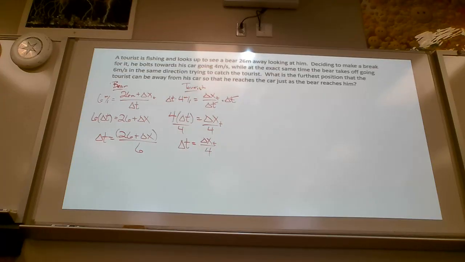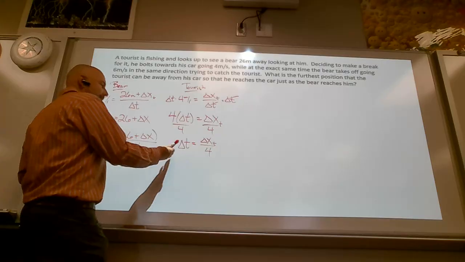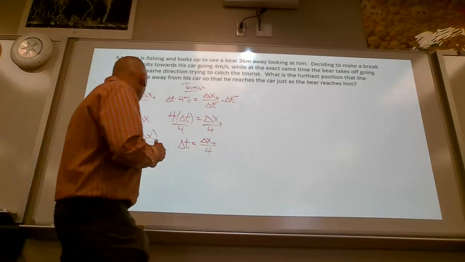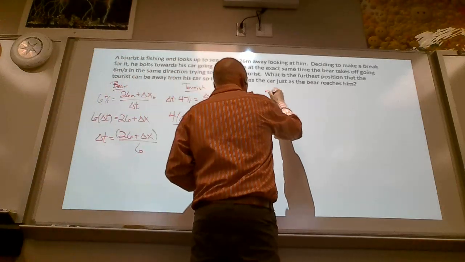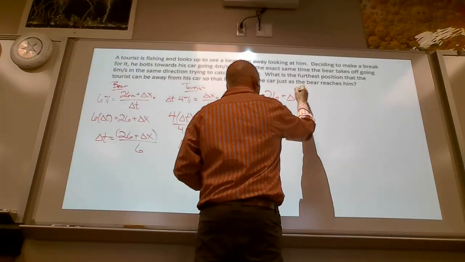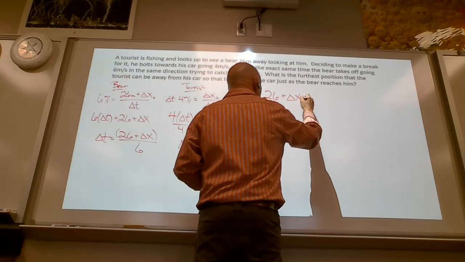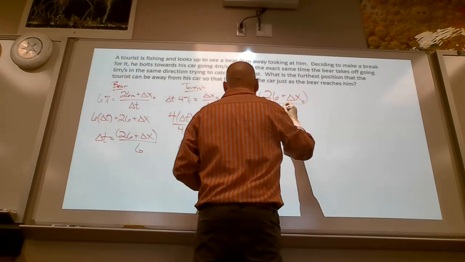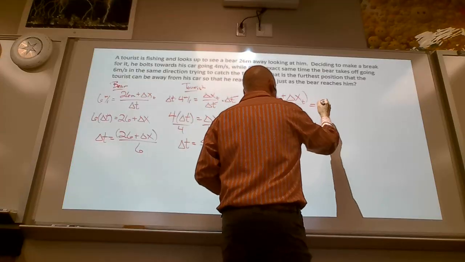Okay. Now, both expressions are equal to delta t, so what that enables me to do is set both of these equal to each other.